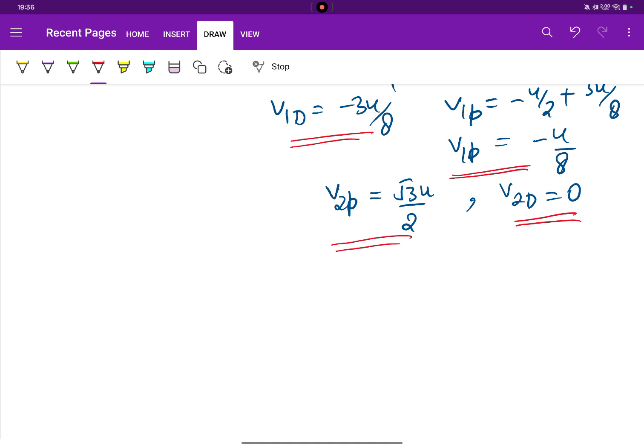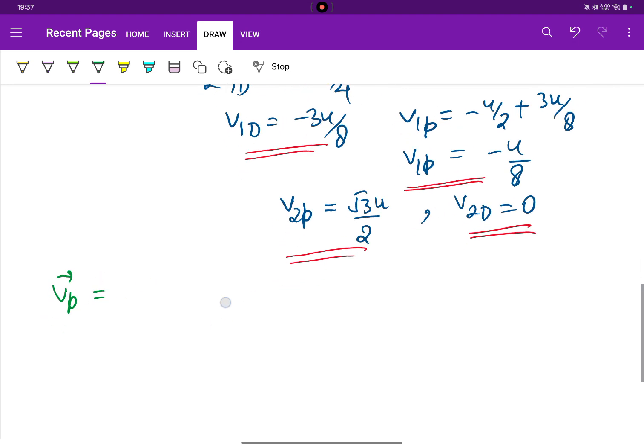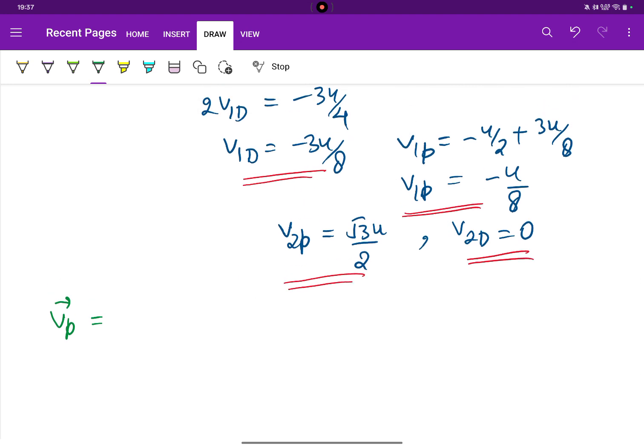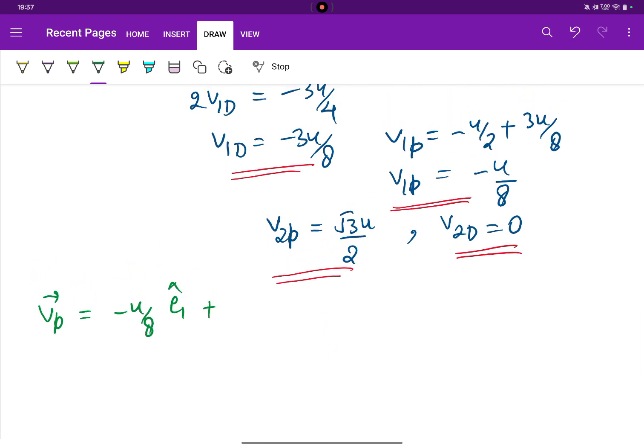We are only interested in the particle velocity and the disk velocity. So the particle velocity vp is equal to minus u by 8 e1 cap plus v2p, that is root 3u by 2, e2 cap, right?